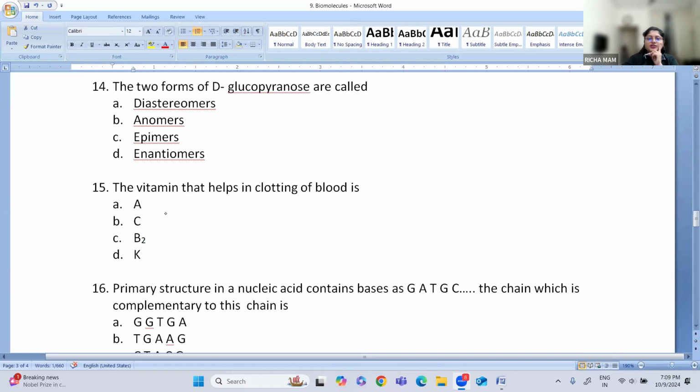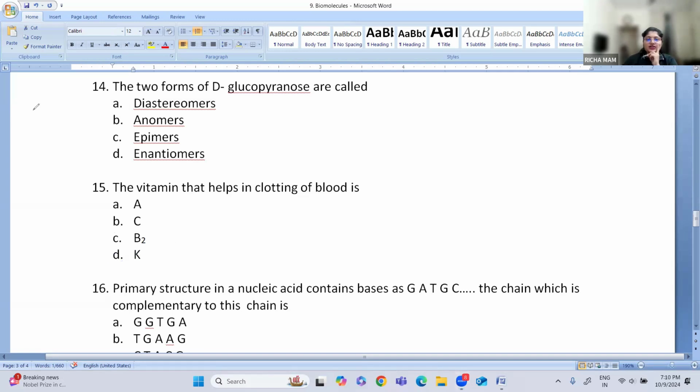It is K. Okay. So vitamin K is the vitamin which helps in clotting of blood. Yes, Karina, Amulya, and Lubna have answered it correct. Very good. Okay, let us go for the next one.